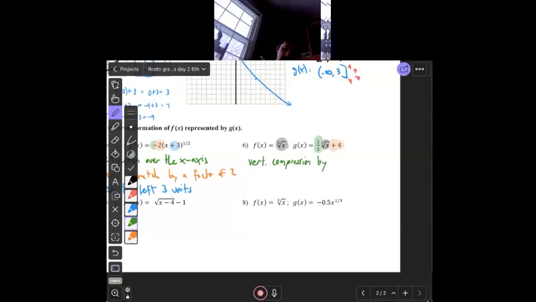I always want to use that term by a factor of. And then the +4 is outside of the function. It's not in the parentheses. It's not in the radical. That's an up and down. Since it's plus, it's going to be an up shift.